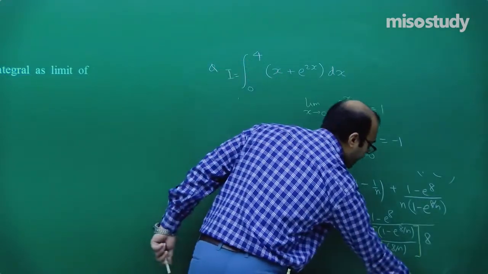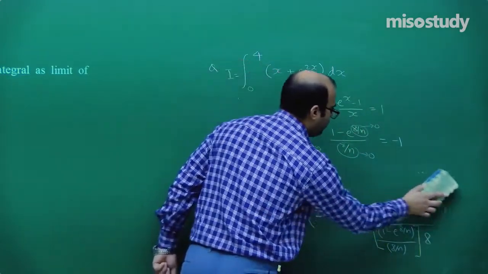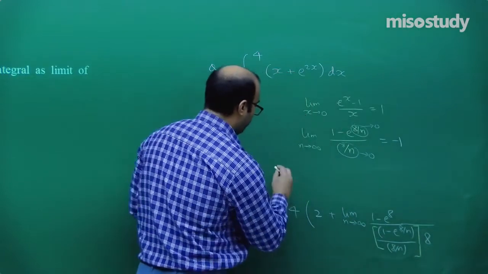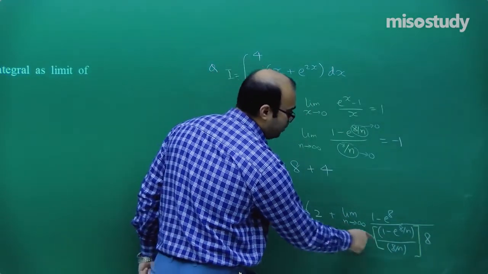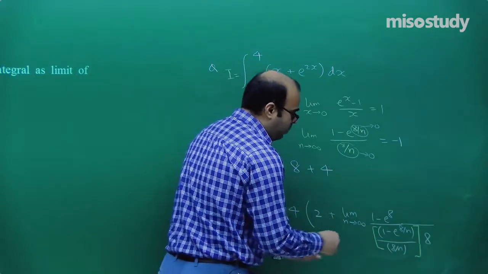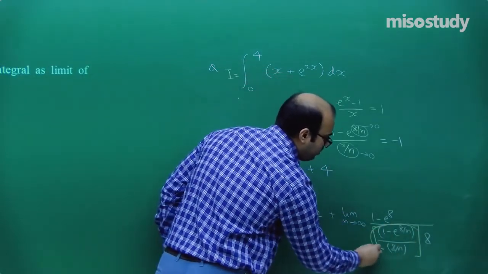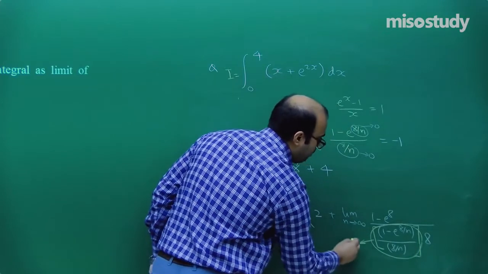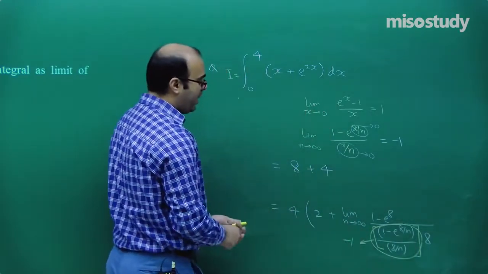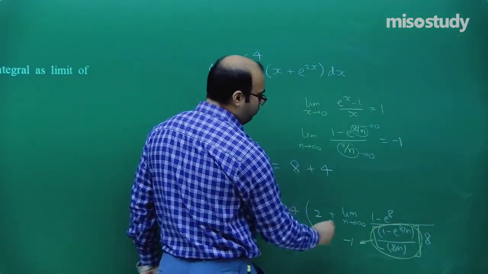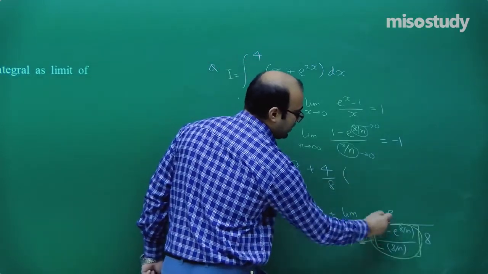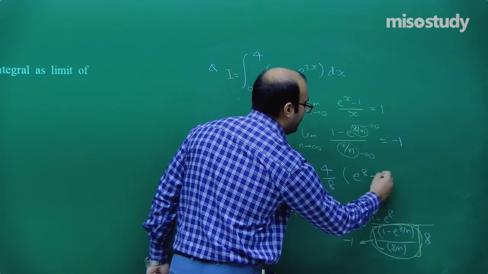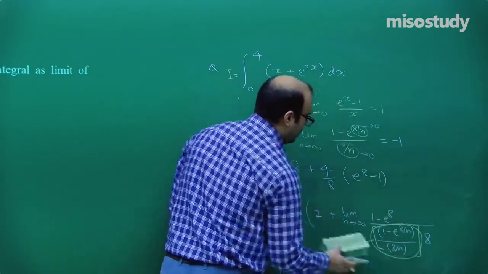So with the help of that formula of limit, we can now write this term as 4 over 8 plus 4 and apply the limit here. The whole of this term will finally become minus 1. So what we can write here is 4, this 8 in the denominator, and the minus 1 sign taken above, e to the power 8 minus 1 it will become.